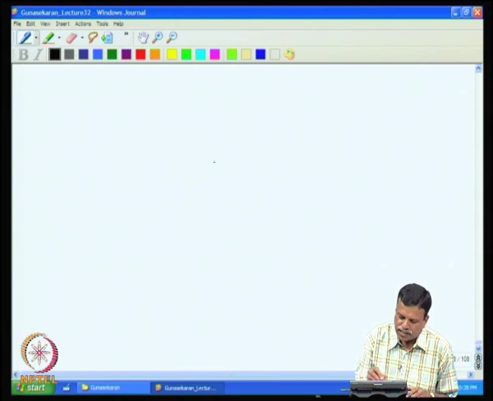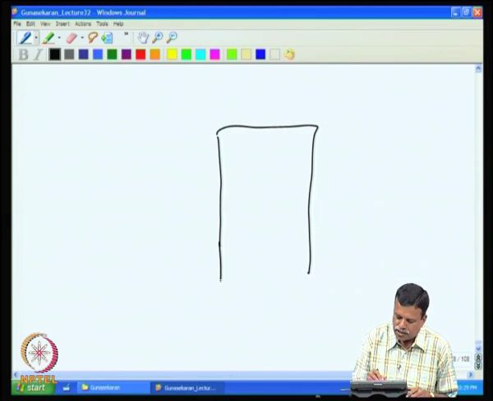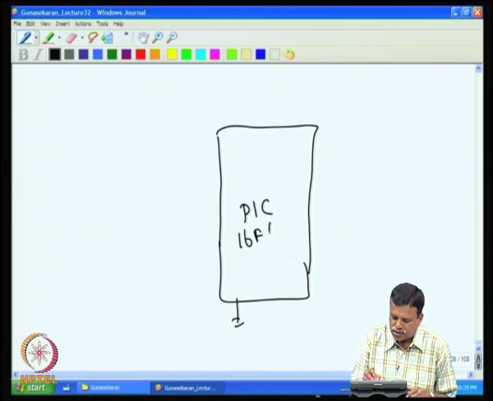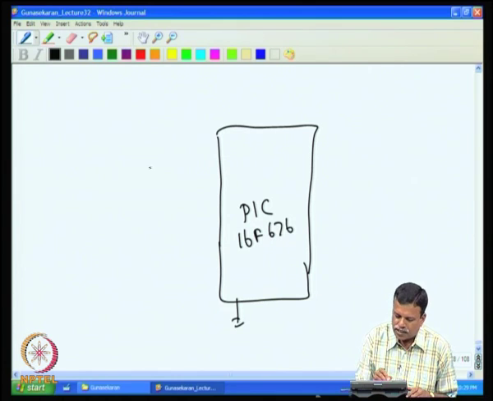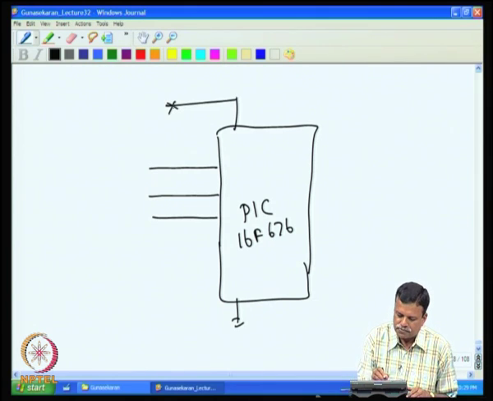For example, the most popular chip in PIC would be the 16F676 microcontroller. It has many analog input channels, and then a supply and ground.